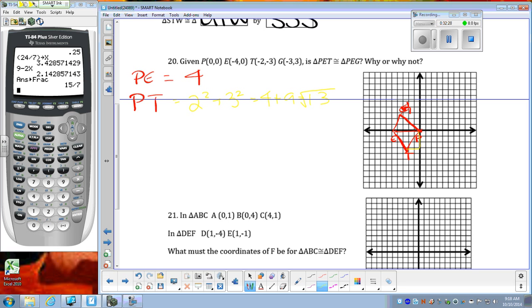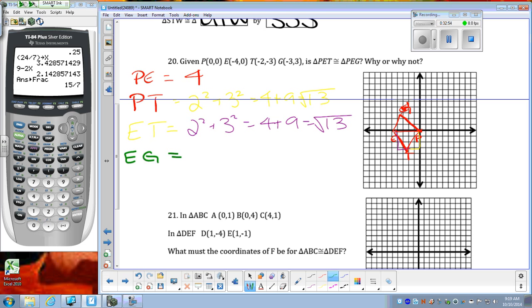I need to figure out ET. For ET, I went down 3, over 2. 2 squared plus 3 squared equals 13, and then I square root that. And then I need EG.